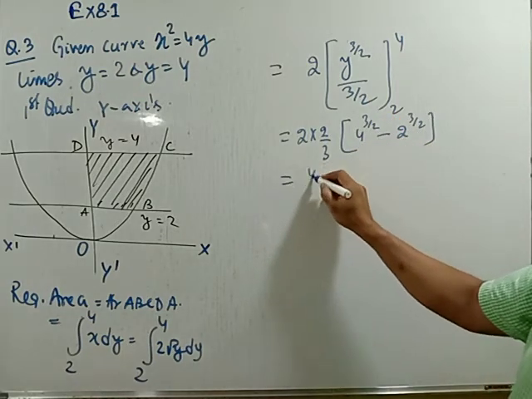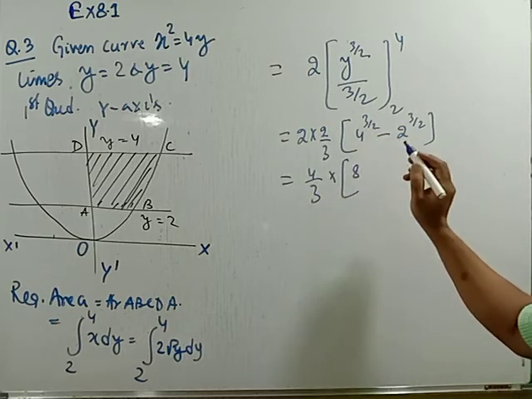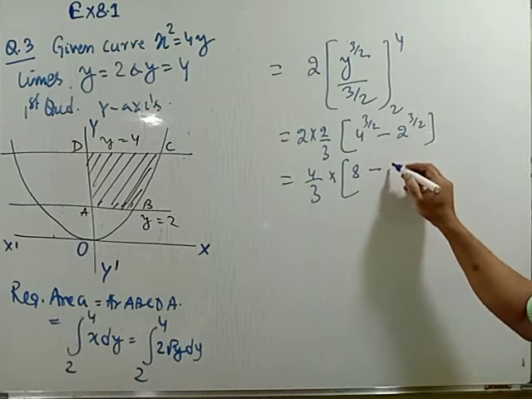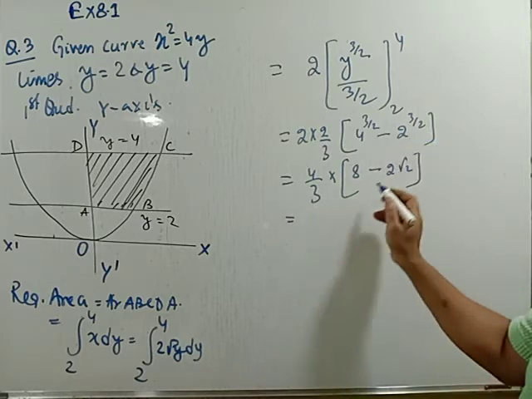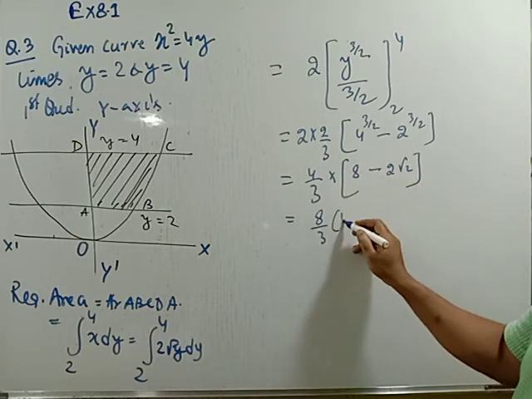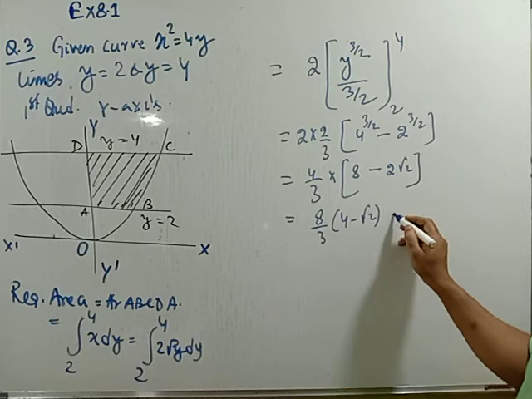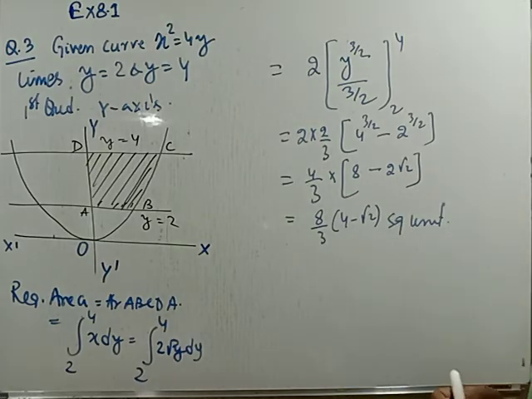So this will be 4 by 3 into 8 minus 2 root 2. So the answer will be, taking 2 common, 8 by 3 into 4 minus root 2 square unit. So this is the required area.